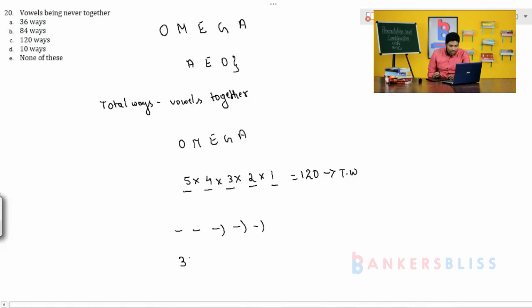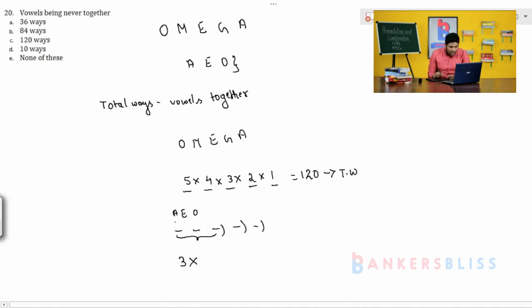So 3 ways. Next, if I fix these 3 spaces for A, E, O, then for these 3 spaces, A can come in the first place or the second place or the third place. Again E can come in the second place or first place or third place, like that for O also.